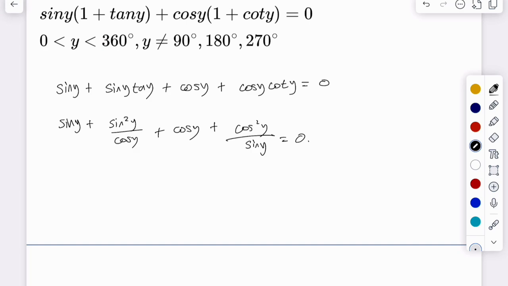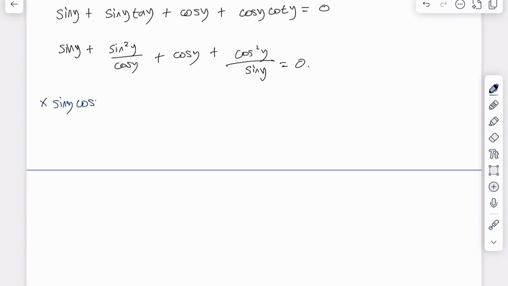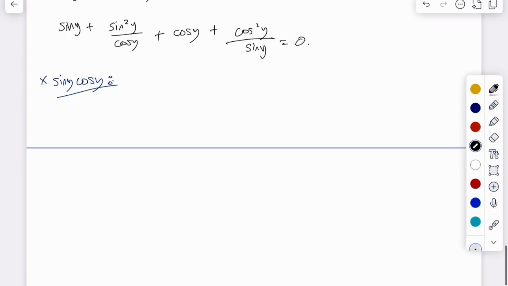So what are our common denominators, or what do we need to multiply by? Sine y cos y, right? So if we do that, what do we get?